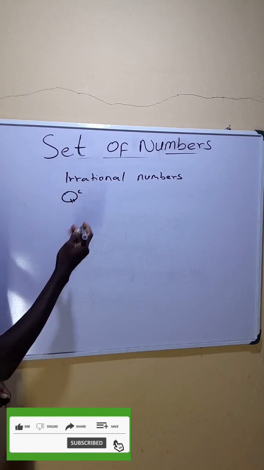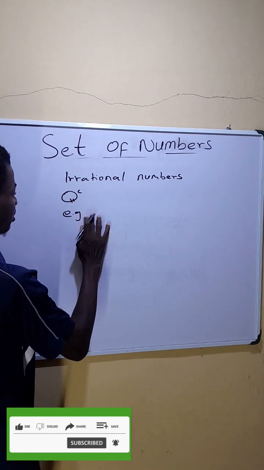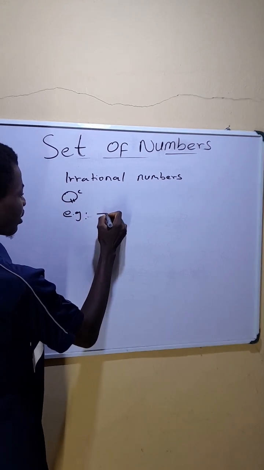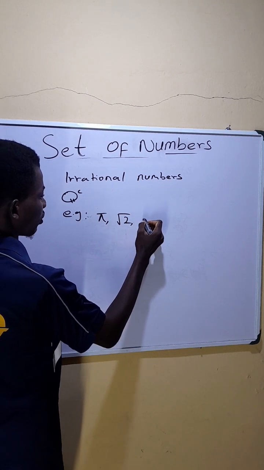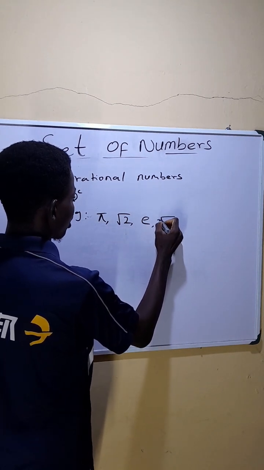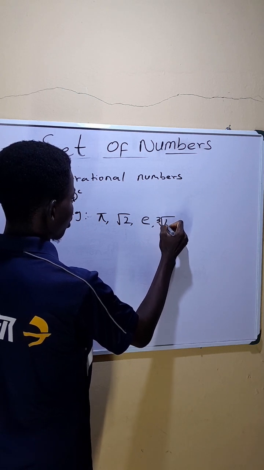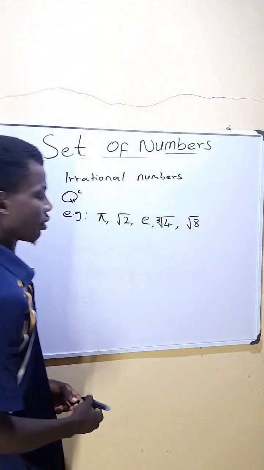Examples are pi, root 2, exponential e, cube root 4, root 8, and other ones.